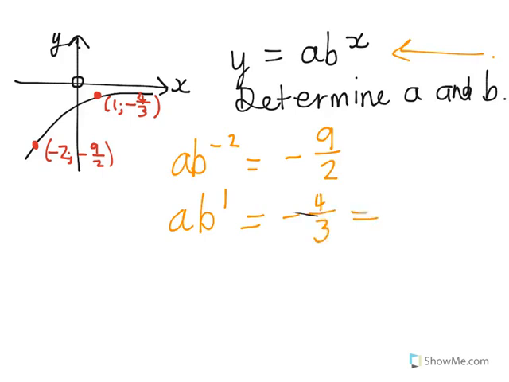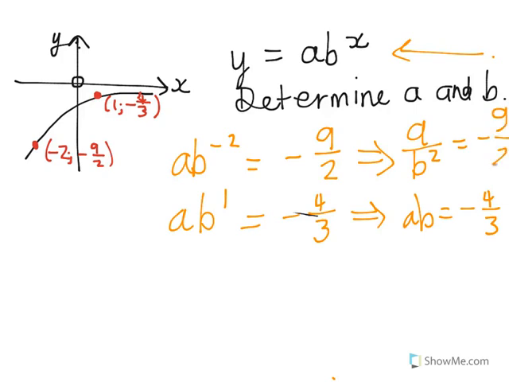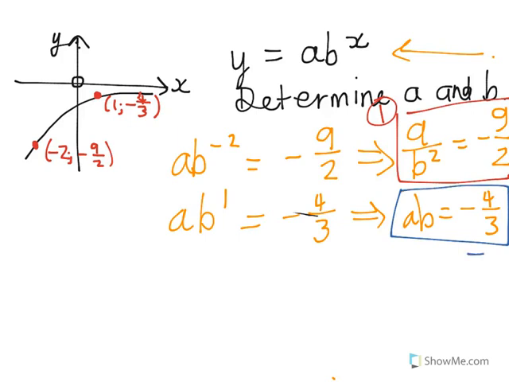So this one just means that ab is equal to -4/3, and this one we can rewrite to say a/b squared is equal to -9/2. Let's call this equation number 1, and we'll call that equation number 2.